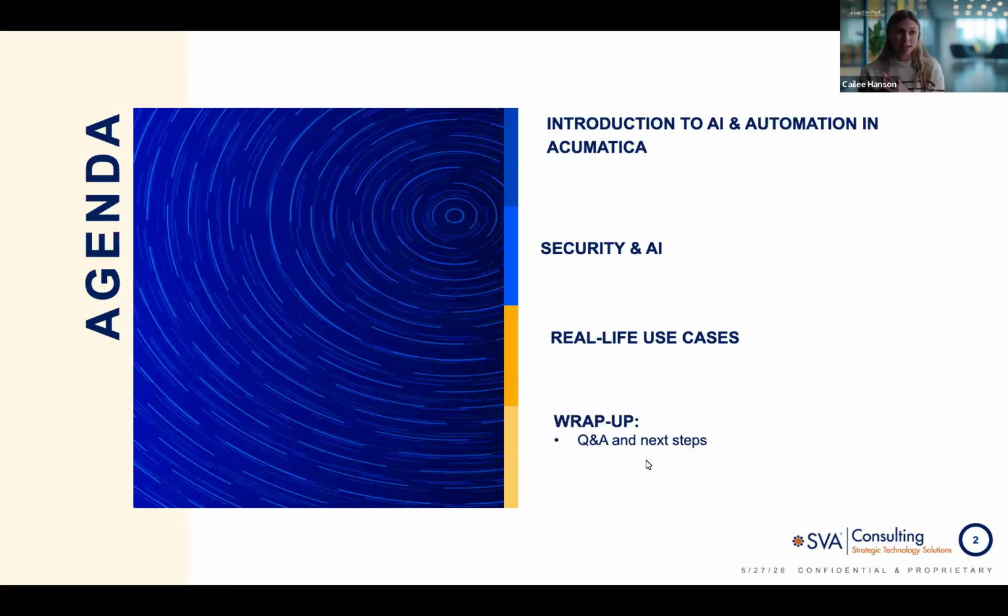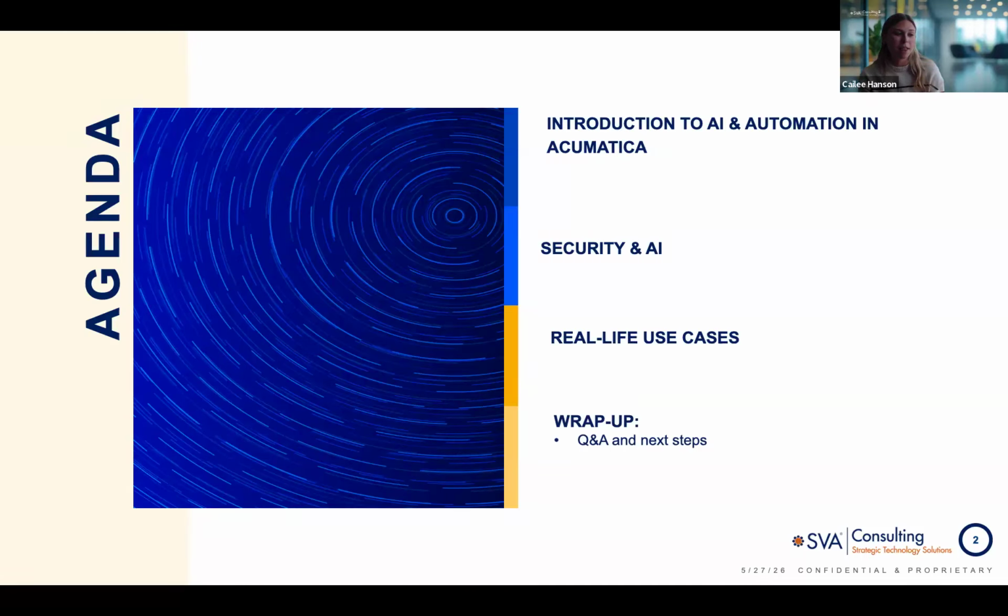Looking at today's agenda, we'll start by focusing on the AI components that live in Acumatica itself. If you were on our previous webinar about the 26R1 release of Acumatica, you probably saw a bit of a sneak peek, so it might be a little repetitive, but we'll dive deeper into those scenarios. Then we'll get into security, where Andrea will take us through the security related to the Acumatica AI components.